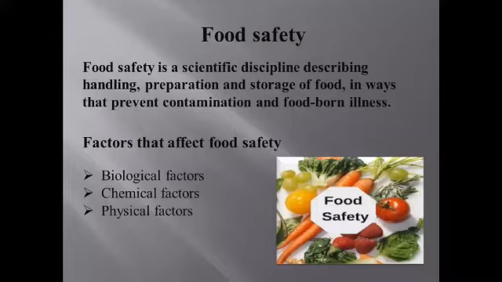Sometimes some situations will happen: if we eat one thing, after that we get stomach ache or stomach pain. That will happen because of these biological factors. All of you clear in that point?